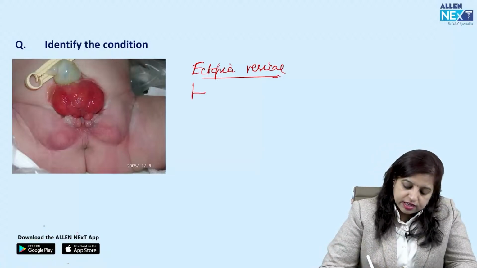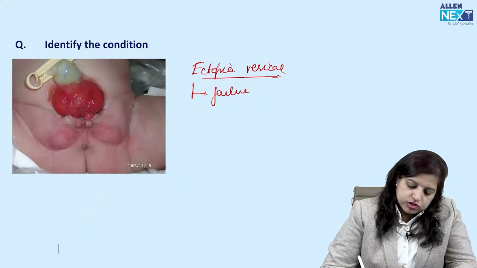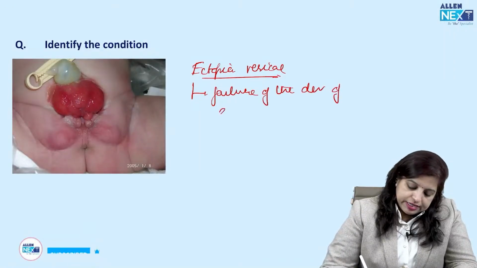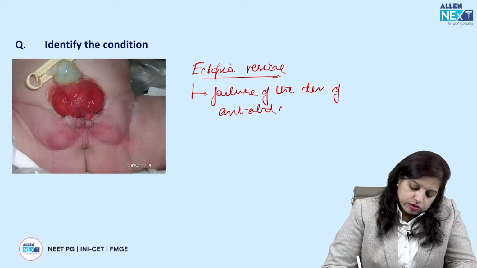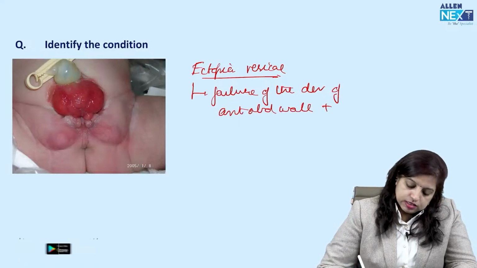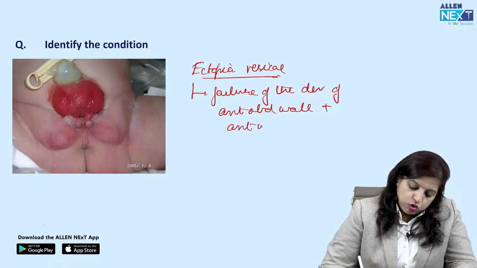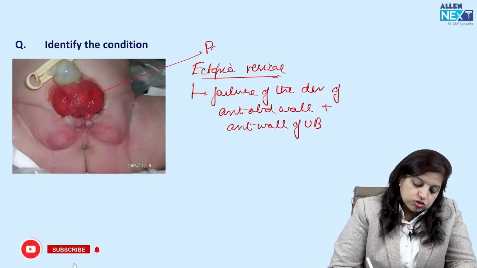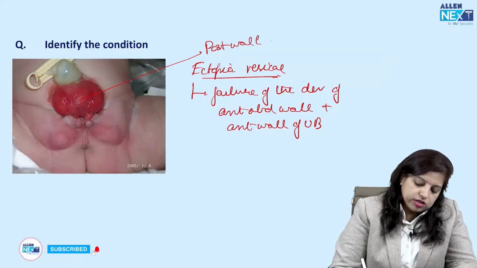So in ectopia vesicae, there is failure of the development of the anterior abdominal wall, important, plus the anterior wall of the urinary bladder. What you can see is the posterior wall of the urinary bladder.